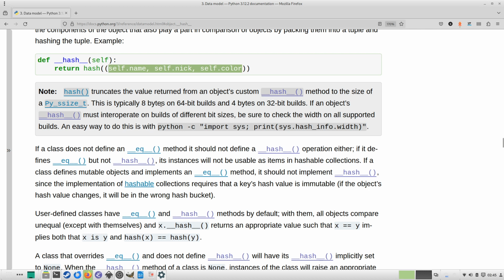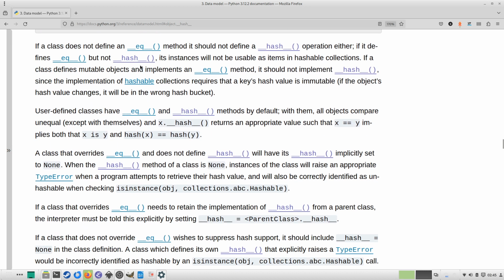This is typically 8 bytes on 64-bit builds and 4 bytes on 32-bit builds. If an object's __hash__ must interoperate on builds of different bit sizes, be sure to check the width on all supported builds. An easy way to do this is python -c "import sys; print(sys.hash_info.width)".